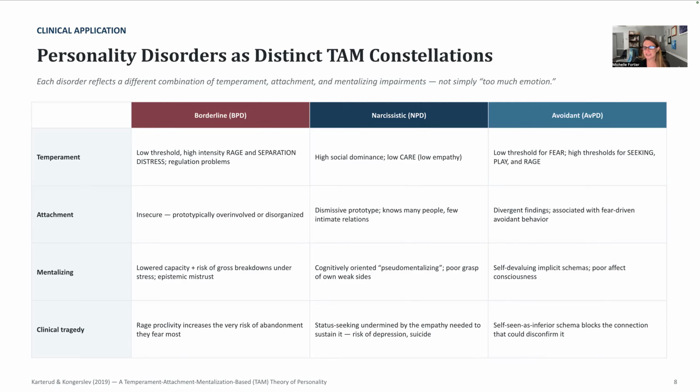The mentalizing, they self-devalue, they have self-devaluing implicit schemas. So they don't think very highly of themselves. There's poor affect consciousness. They're not really aware of what they're thinking and feeling, and they're not really aware of what other people might be thinking and feeling. The clinical tragedy is self-seen as inferior schema blocks the connection that would disconfirm it.